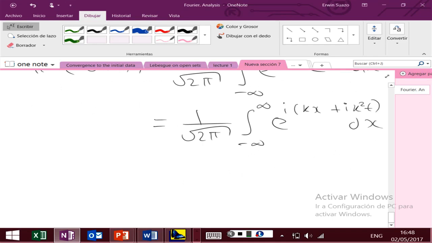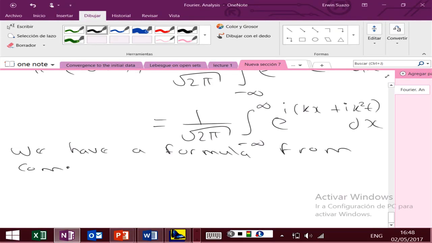Lucky for us, we have a formula from complex analysis, so we don't have to prove it, but make sure when you take complex analysis, because you do your Cauchy-Riemann integration, and it's very nice, the proof.